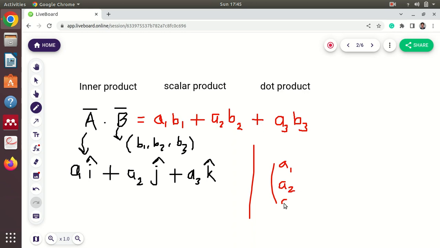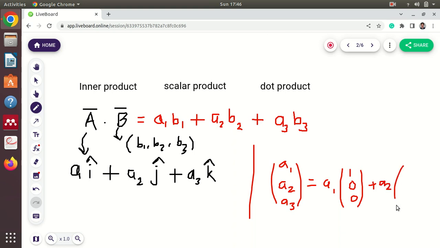But you might ask, where are i cap, j cap and k cap here? This is nothing but a1 into (1, 0, 0), which is nothing but i cap. So I don't need to write i cap separately in this matrix representation, and this is the beauty of this representation.